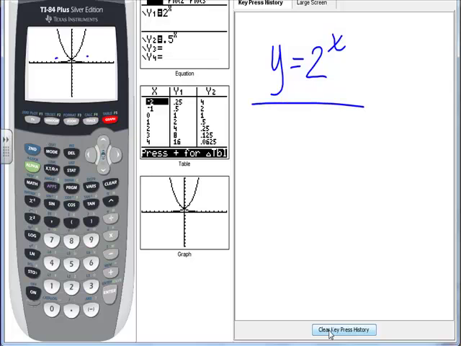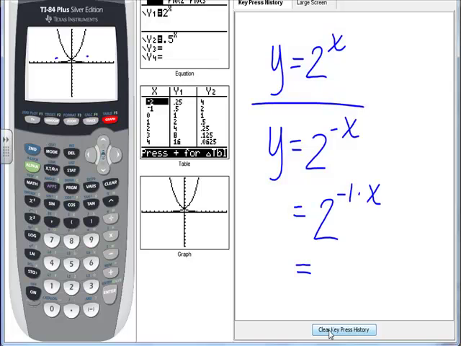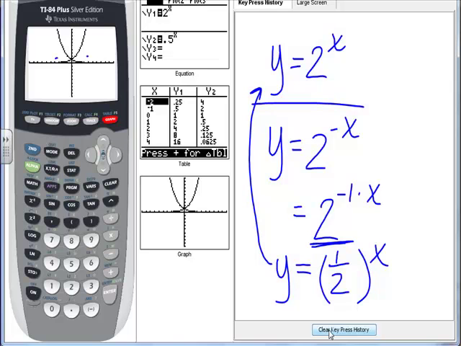So if that was my original function and I change this to 2 to the negative x, what I really have, I can think of it as another way, is I have 2 to the negative 1 times x, and hopefully from what we've learned so far in this chapter, 2 to the negative 1 is really the same as 1/2 to the x. So that's why when we put y equals 1/2 to the x, we ended up with a reflection over the y-axis.